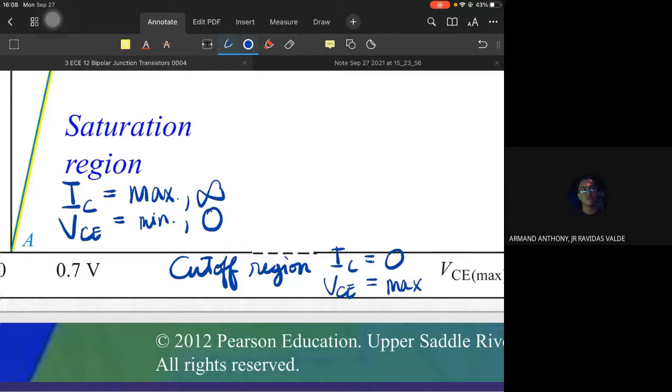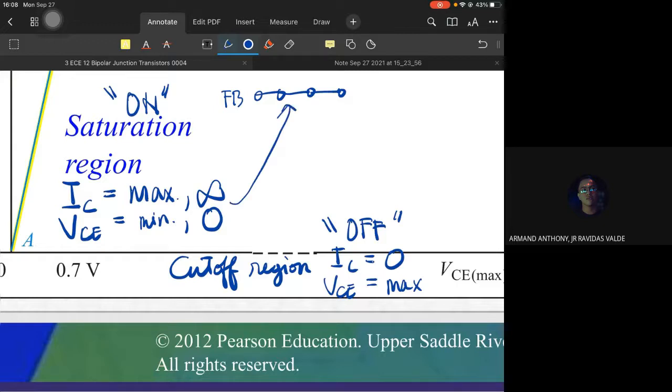In cutoff, it is like a switch that is off, and in saturation, it is like a switch that is on. Remember, if the diode is forward biased, it is like a shorted switch: current is maximum and voltage is 0.